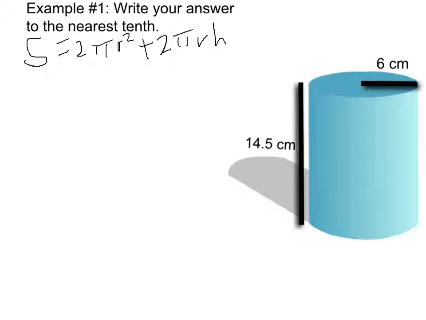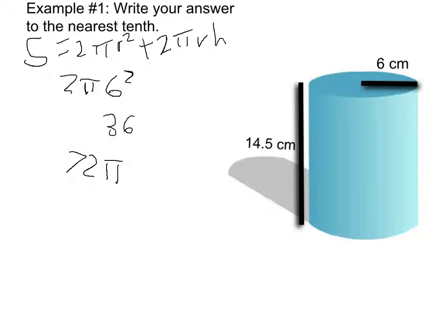Now you have to plug in the numbers and you'll get 2 pi 6 squared, because the r means radius and the 6 centimeters is the radius. Now you have to do 6 squared, which is 36, and then multiply it by 2, which equals 72, and for now just bring down the pi.